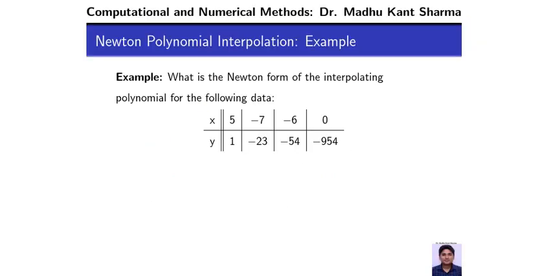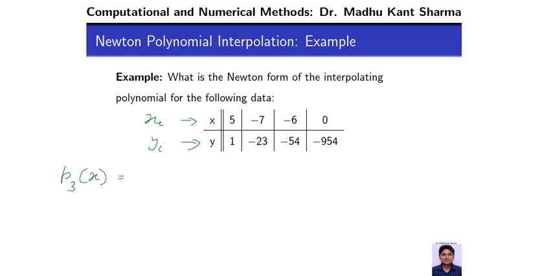Let's find one example. What is the Newton form of the interpolating polynomial for the following data? So you have here the xi's, and here you have the yi's. So if you write p, with x0, x1, x2, x3, you are going to obtain a cubic polynomial.